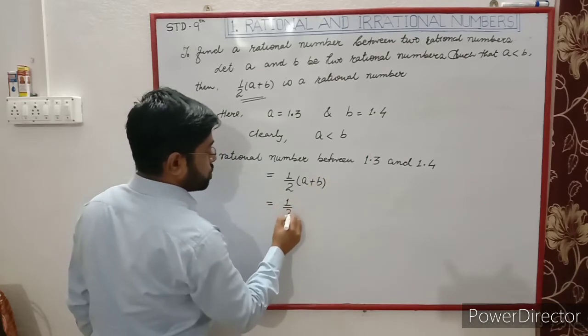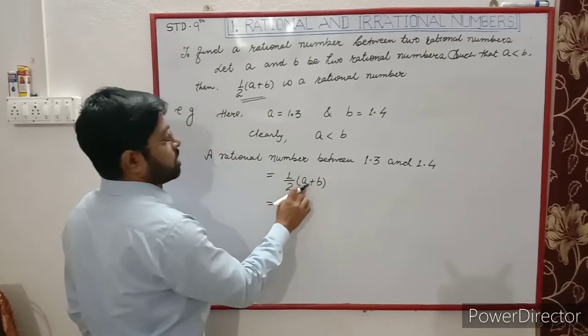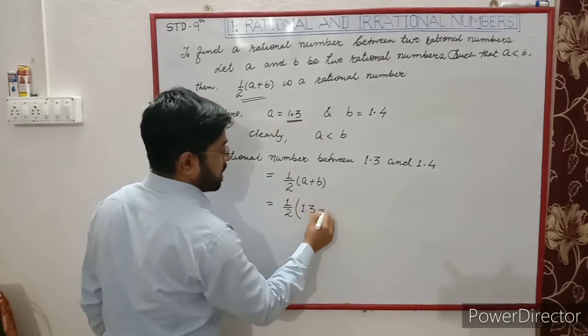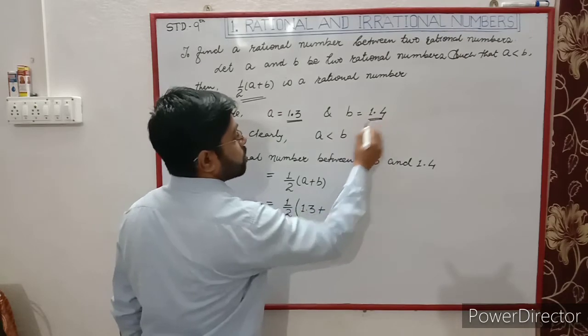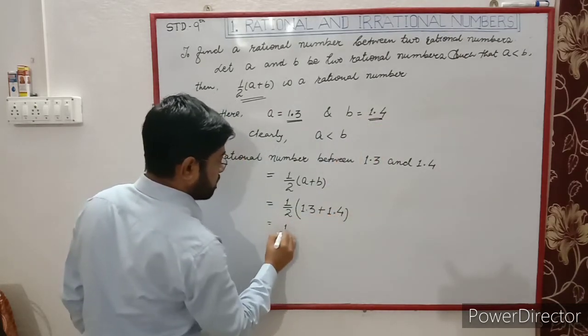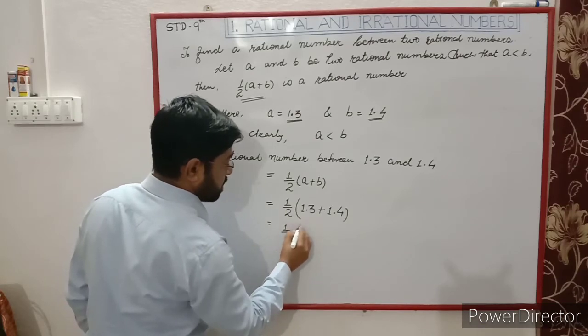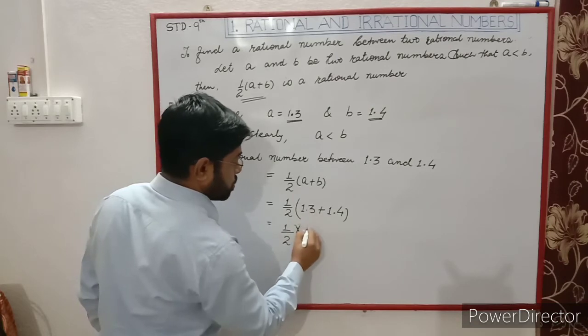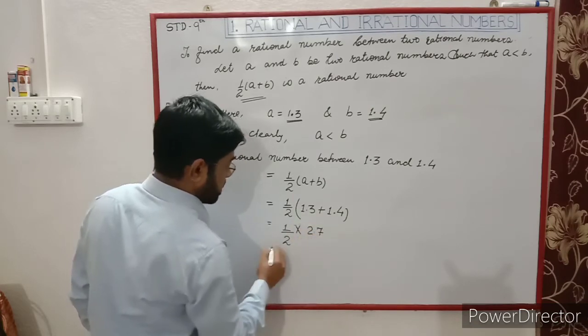Now 1 by 2, the value of A is 1.3, substitute here, plus the value of B, 1.4. Now 1 by 2 multiplied by 2.7.